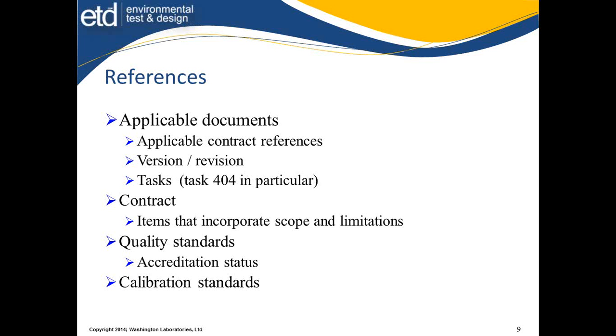So the contract says you're going to do these following tests or analyses or whatever, and it got put into the contract so we don't get visual insight into the 404. But it should have been developed in making the contract happen. You need to look at the contract for items that incorporate scope and limitations. If the contract doesn't call it out or has deviations or limits, you need to be aware of those things.